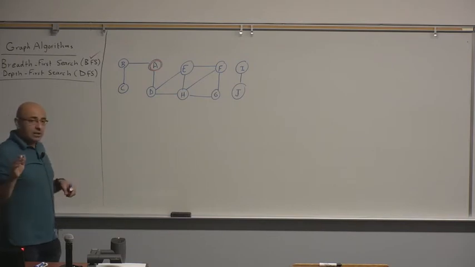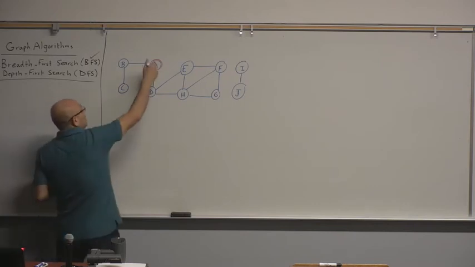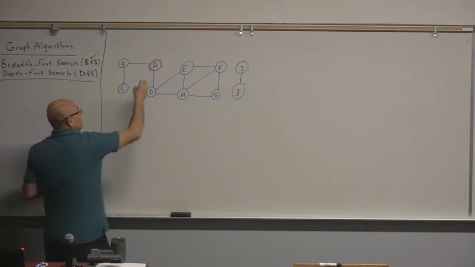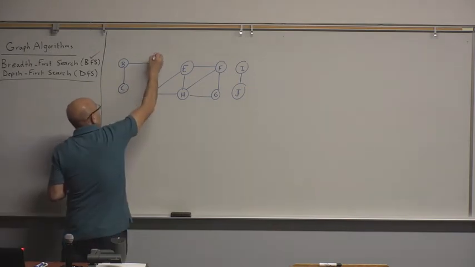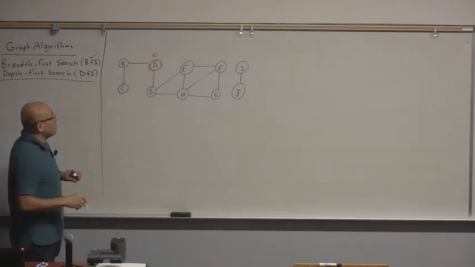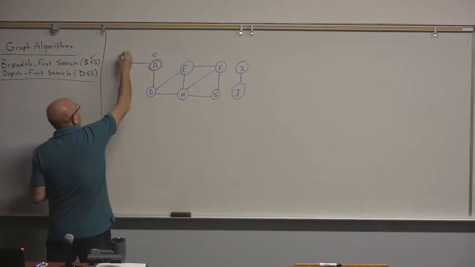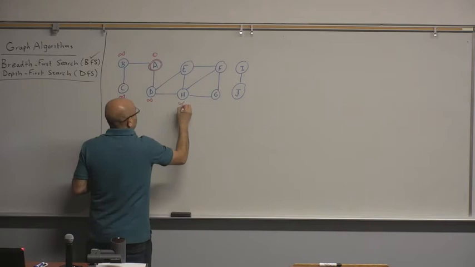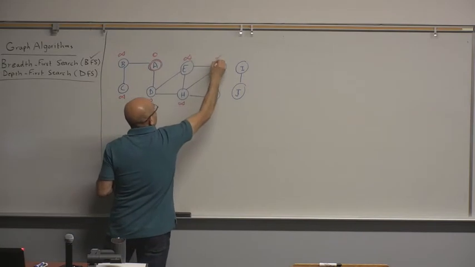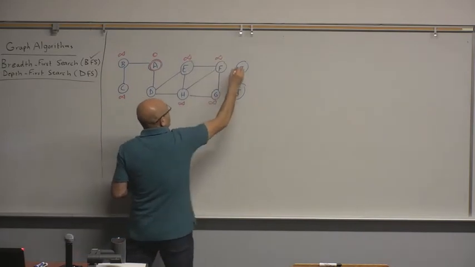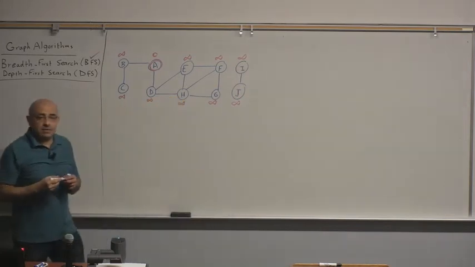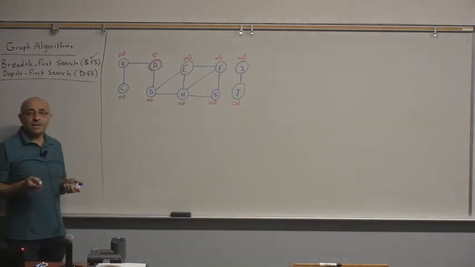Initially, when we initialize this, we know that the distance from the source to itself is going to be 0. And distances to other vertices, we will initially set to infinity. Now, whenever we use infinity in algorithms, what does it mean?